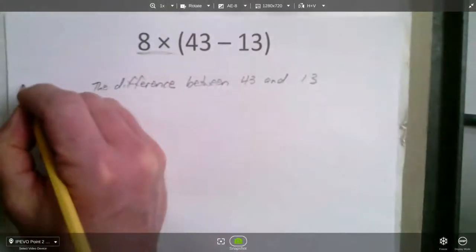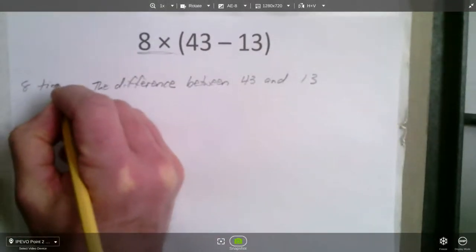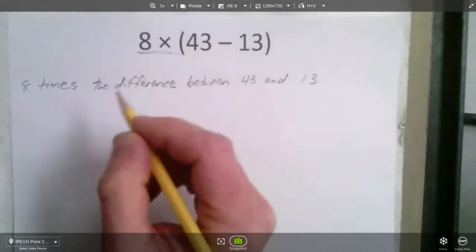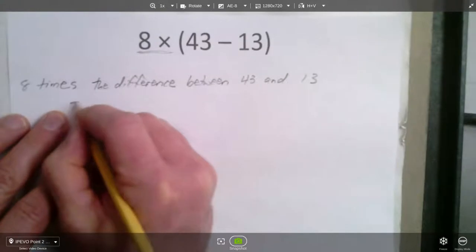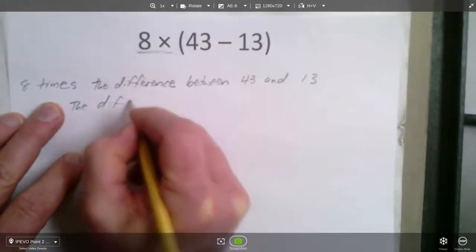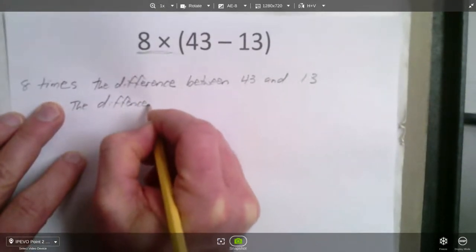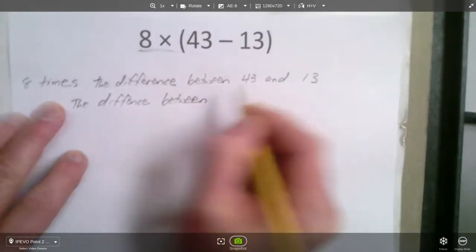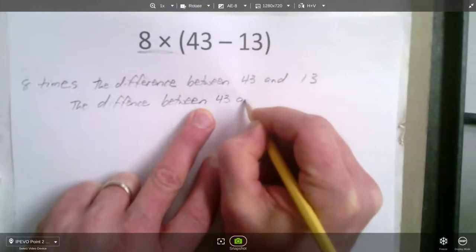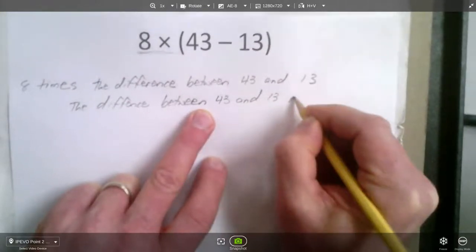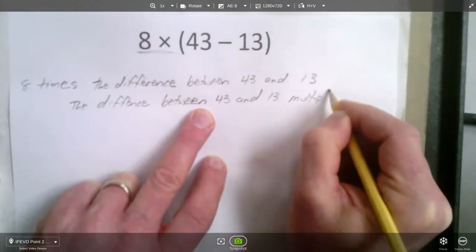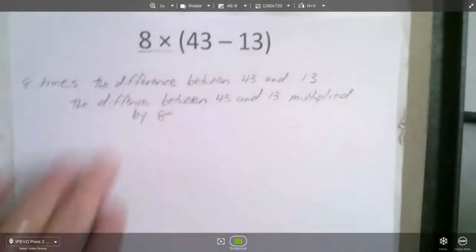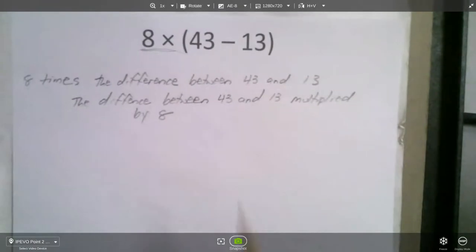So I could put 8 times the difference at the front, or I could write the difference between 43 and 13 multiplied by 8. Either one would be correct.